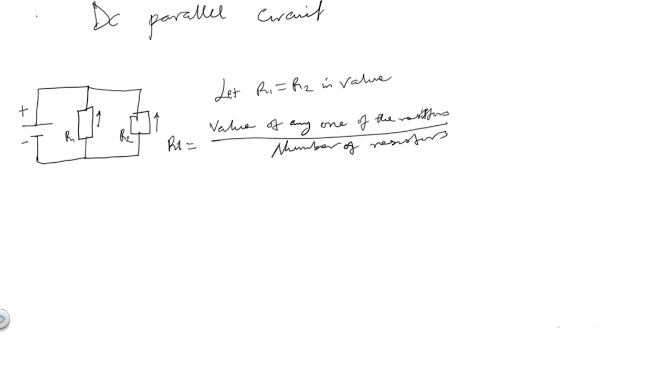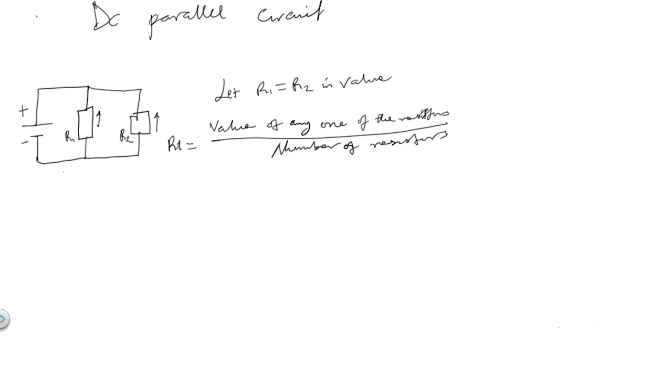So when R1 is equal to R2 in value, this formula is used to calculate the total resistances of the resistors in parallel. Alright, in the following illustration, I would give us 15 ohms resistors so that we can calculate the total resistances. So let's take an example.